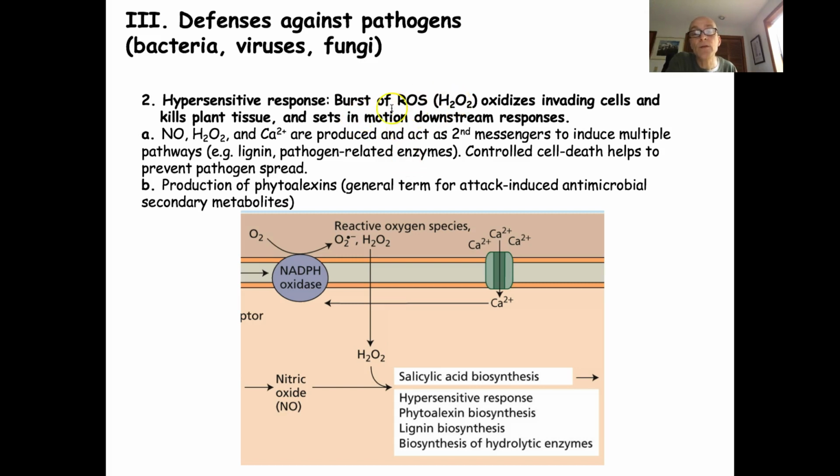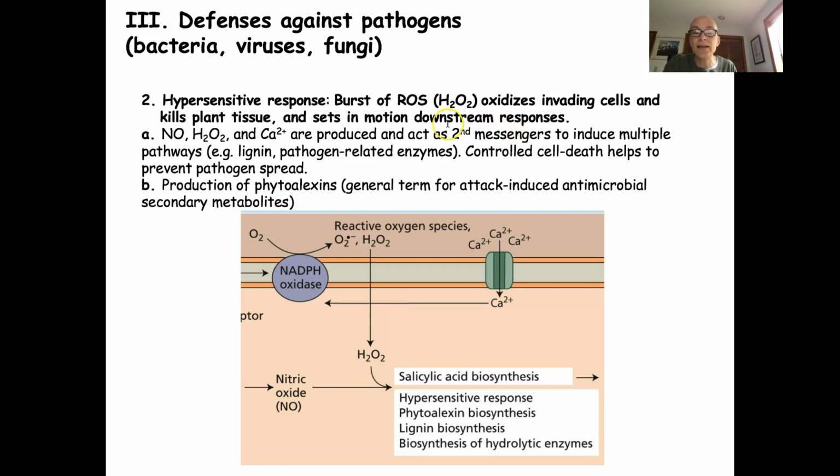What happens in a hypersensitive response is that oftentimes you get a burst of reactive oxygen species. For example, H2O2, that's the main reactive oxygen species that is made. So the plant recognizes that it's being infected or invaded by bacteria, certain viruses or fungi. It produces this H2O2, which will oxidize invading cells. It's basically chemical attack.